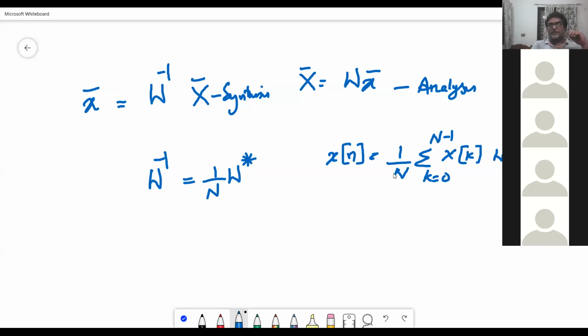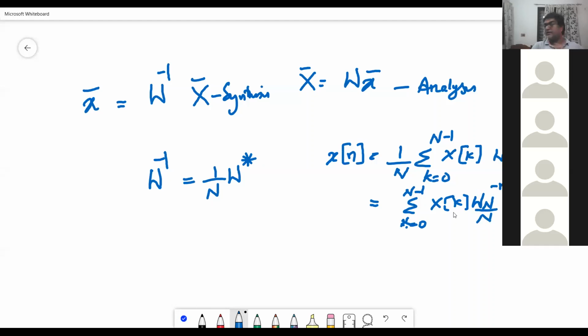So this would be 1 by N sigma k equal to 0 to N minus 1 X of k W raised to nk. Which I will now write here as sigma k equal to 0 to N minus 1 X of k into W_N raised to minus k by N. So I look at a matrix like this now.